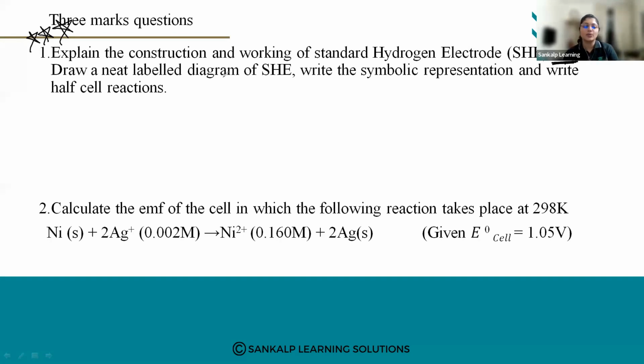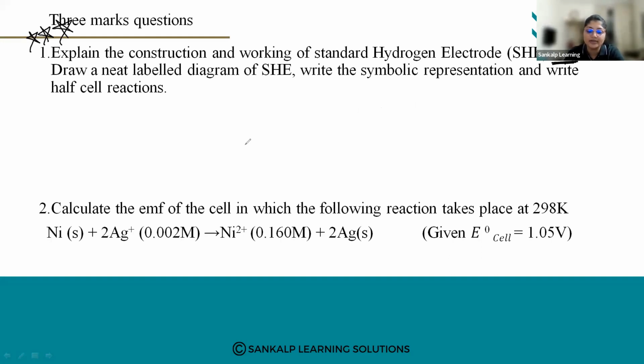Like this, the question can be framed. Either they'll ask you the construction and working of standard hydrogen electrode, or they'll ask you to draw the labelled diagram, write the representation of the cell and write the half cell reaction.